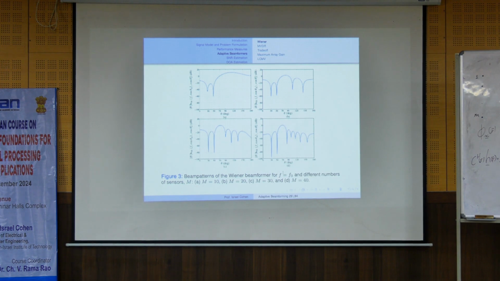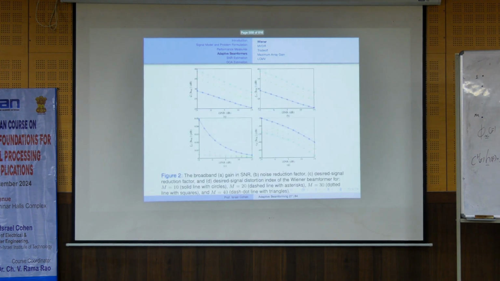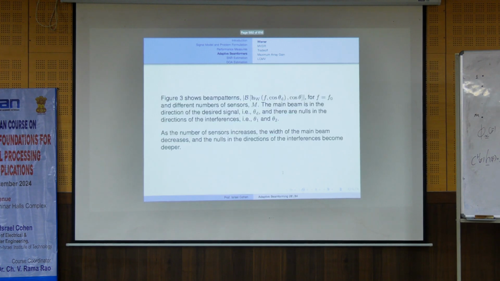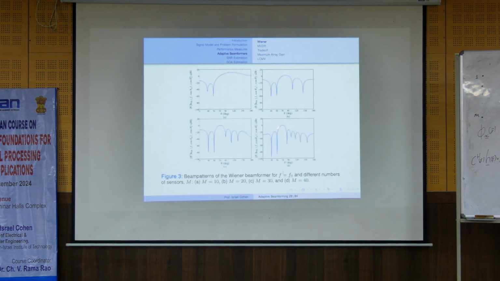So you saw before that when we increase the number of sensors, the noise reduction increases. How does it increase? In the beam pattern, the nulls in these directions become deeper, which means that we can suppress more noise from these directions. Okay? So when we increase the number of sensors.